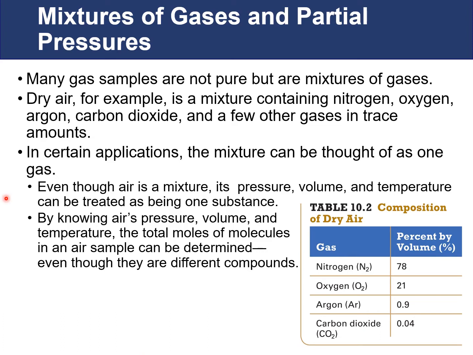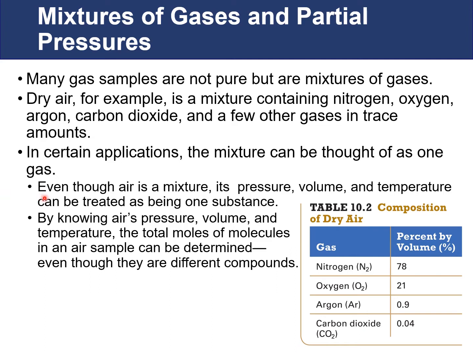In certain applications, you can think of the mixtures as though they were one gas. Mathematically, the ideal gas equation, PV equals nRT, still works when you're working with mixtures of gases. If you heat up a mixture of gases, in terms of the pressure and volume, it will still behave the same way as if we were looking at a single-component gas.